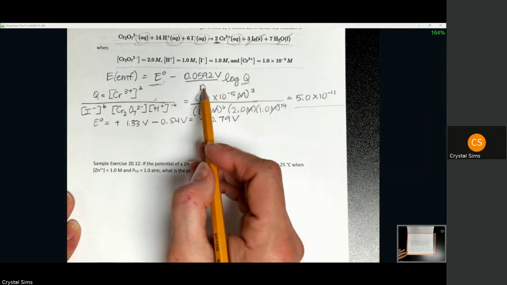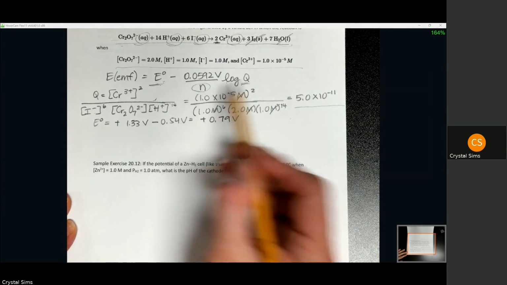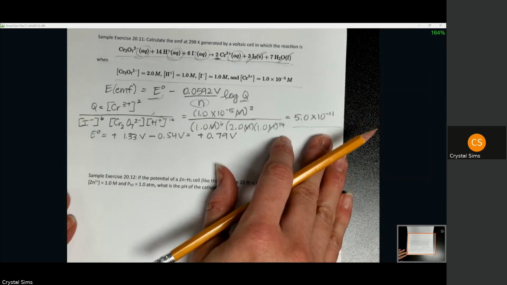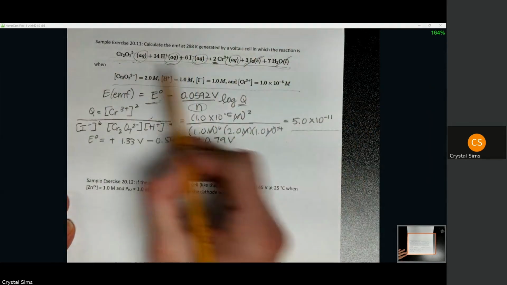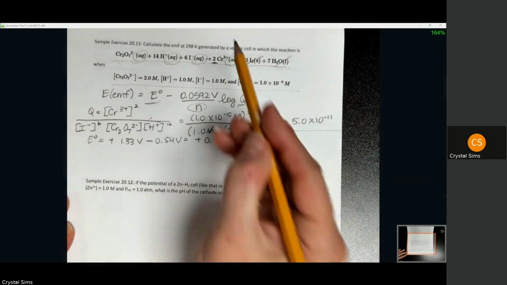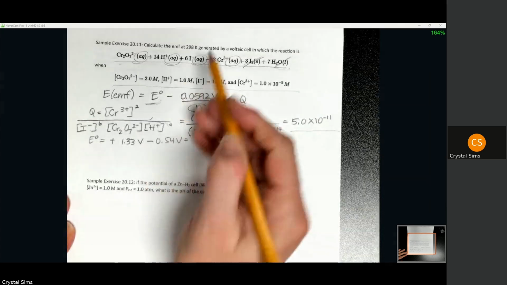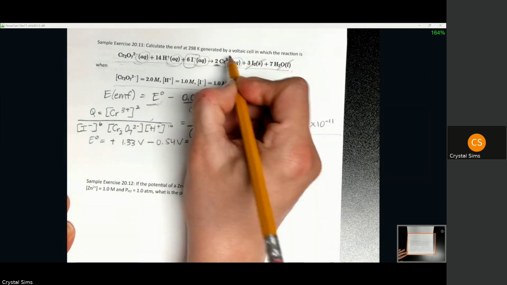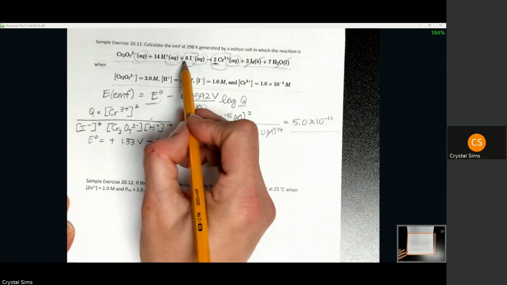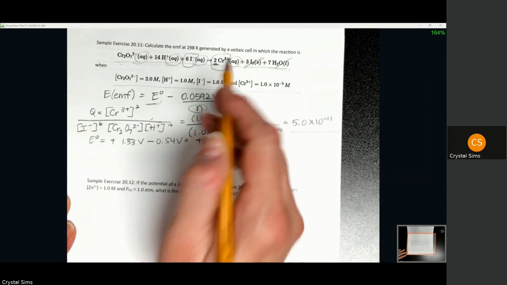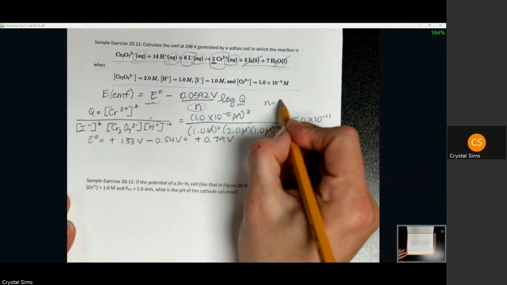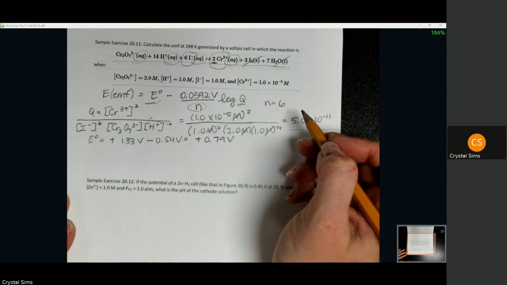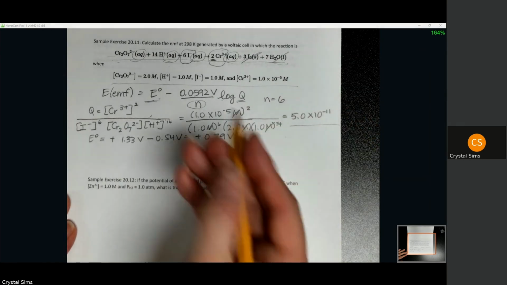I've got Q. I've got to look at N. How many electrons were transferred? Well, let me go back up here to my original one. I know that I'm dealing with the iodine and the chromate. This is -6. This is +6. So that tells me that I had to have 6 electrons being transferred. So my N is equal to 6. So let's plug this in.